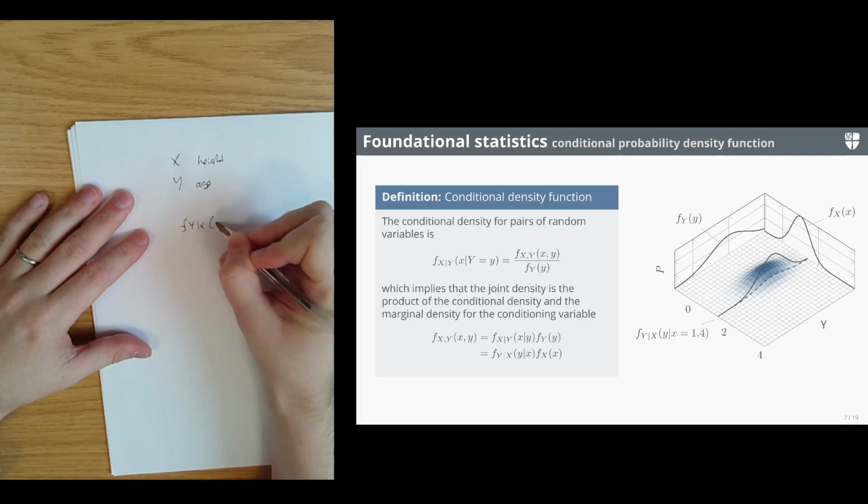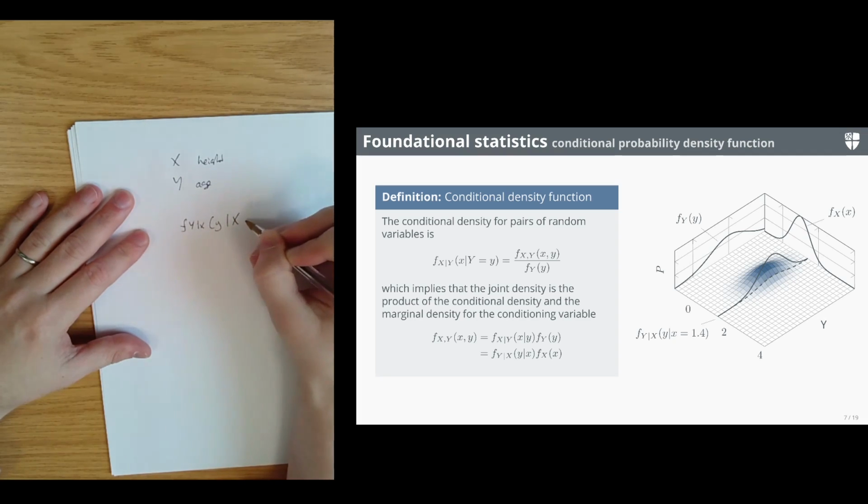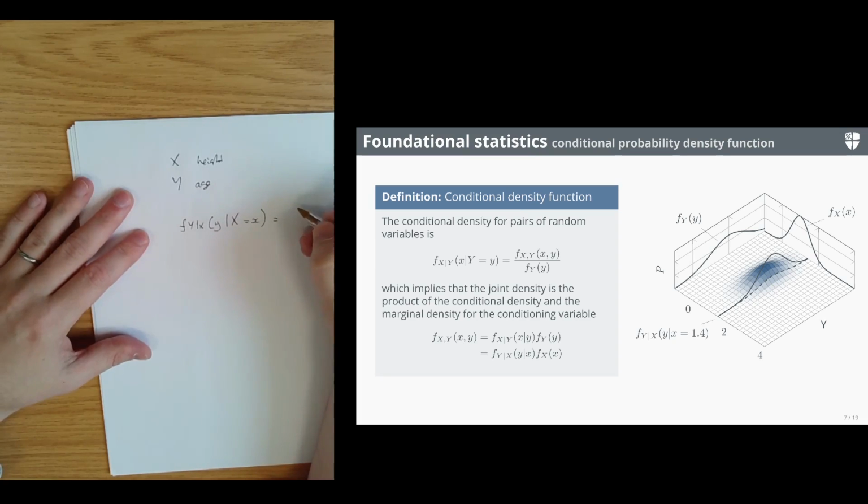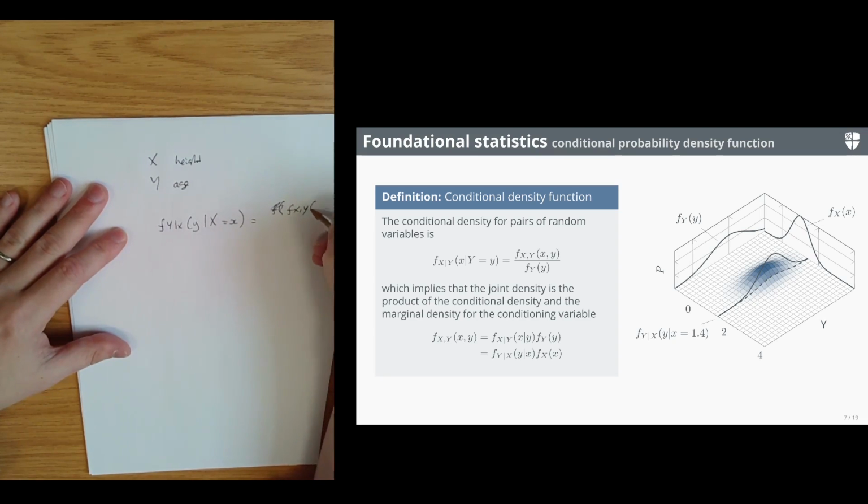So we would say y given x, the random variable x taking on some observation, and according to the definition this is equal to the joint density of both random variables, so f of x, y, over the marginal f of x.